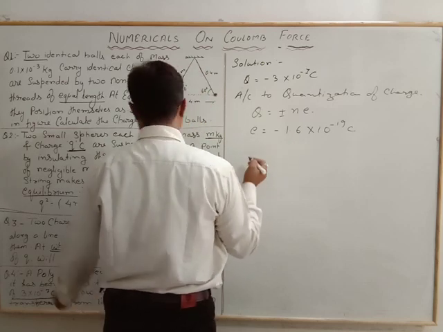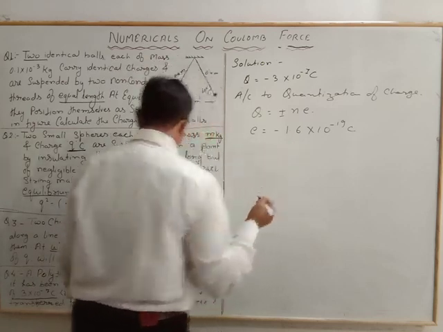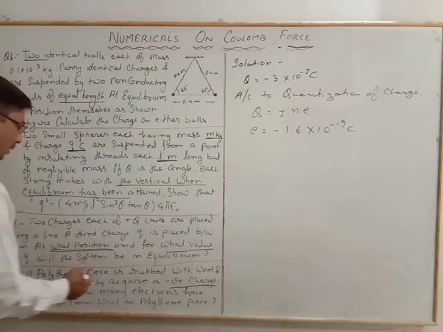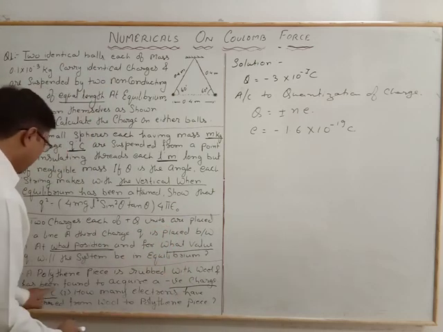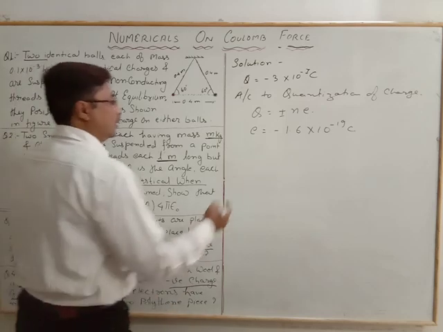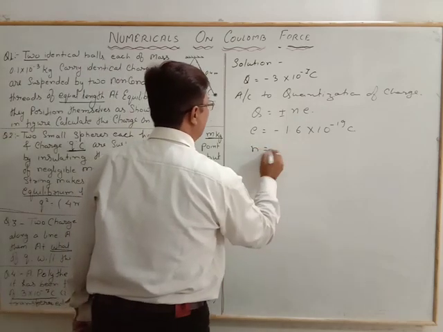So n electrons moved from the wool to the polythene piece, which acquired the negative charge. Now the negative charge will move, so n is equal to how much?